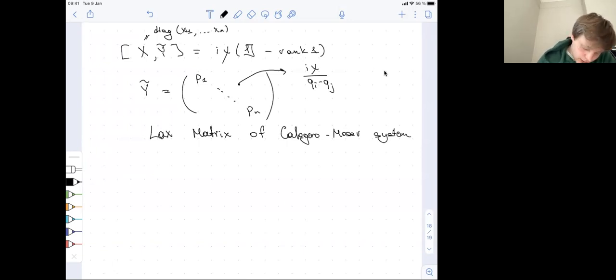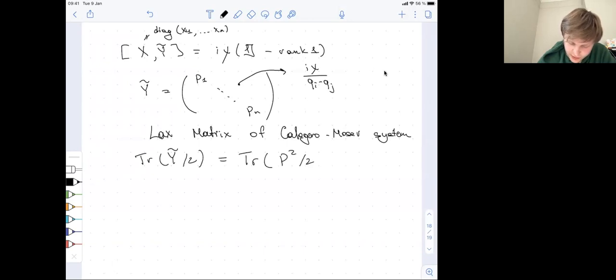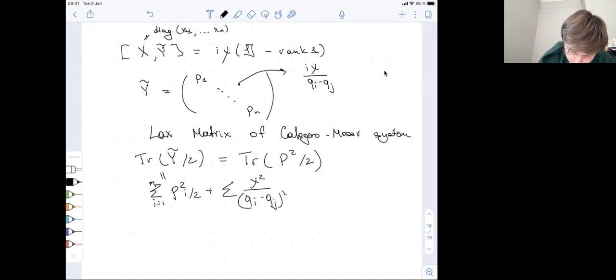And then inserting this matrix into your Hamiltonian, because it was invariant, right? The trace doesn't change under conjugation, so you will get the Calogero-Moser Hamiltonian: kappa square over Qi minus Qj square.